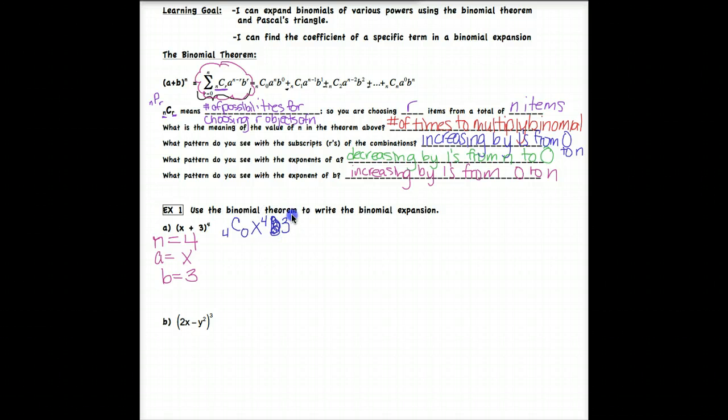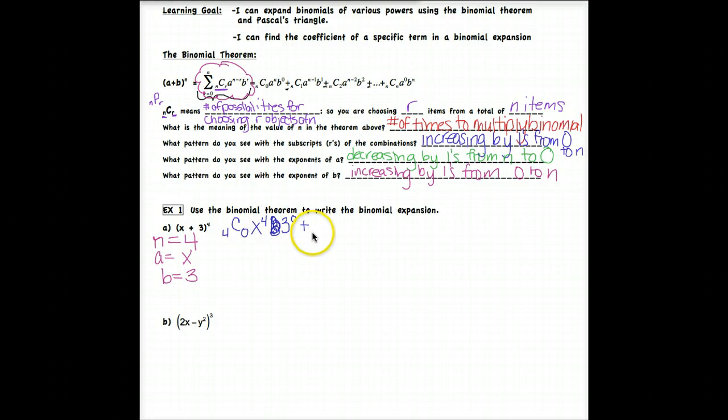So that's 3 to the 0. Notice the plus sign, it's a summation, so plus. Now we go to the next term. Remember, the subscripts of the combinations, they increase by ones from 0 to n, so this is going to go up. The patterns on the exponents of a of my first term is going to go down.